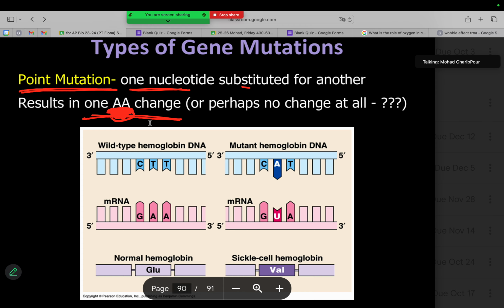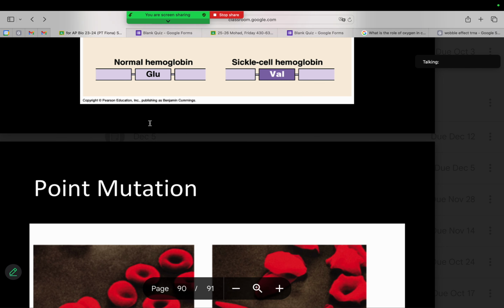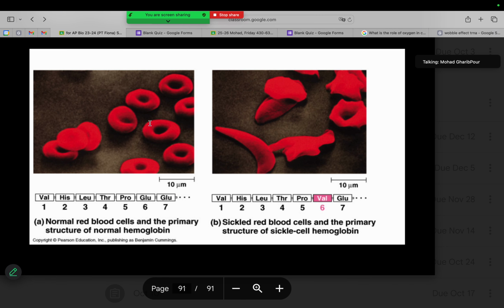So this is one example showing you how sickle cell is formed. It's a point mutation going from glutamine to valine. We'll talk about that later. Oh, we can talk about it now.